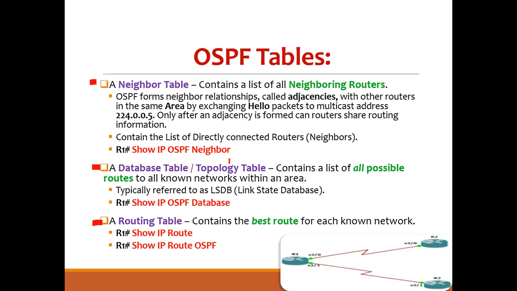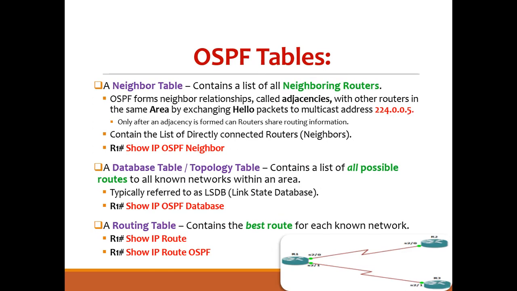Now, what is the neighbor table and what information is there in it? The neighbor table contains a list of neighboring routers. OSPF forms neighbor relationships called adjacencies with other routers in the same area by exchanging hello packets, and the hello packet is shared by the multicast address 224.0.0.5.